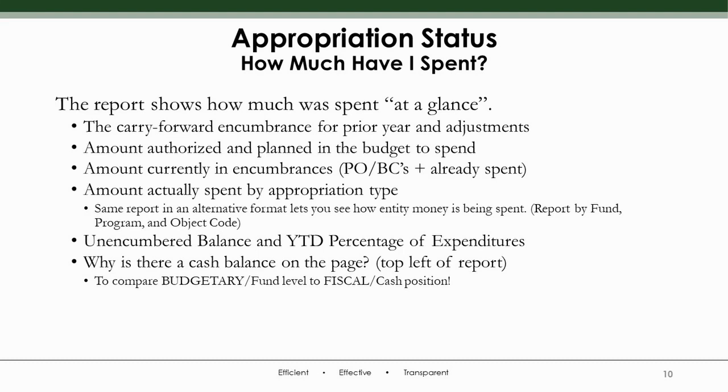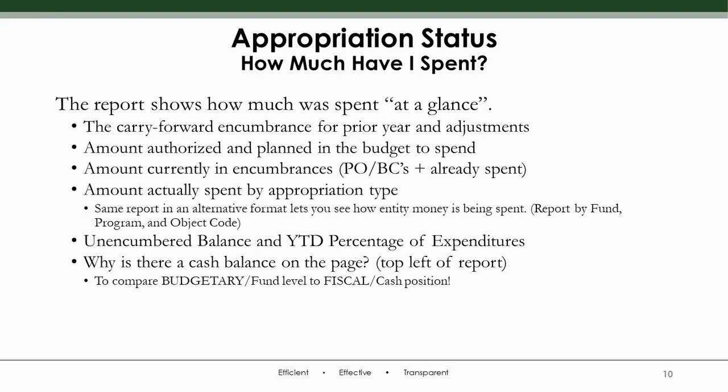The report shows how much was spent at a glance, reflecting the carry forward encumbrance for prior year and adjustments, the amount authorized and planned in the budget to spend, the amount currently in encumbrances through purchase order and blanket certificates, plus that which has already been spent as expenditures, an amount actually spent by appropriation type. Report is available in an alternative format to see another way of how entity money is spent.